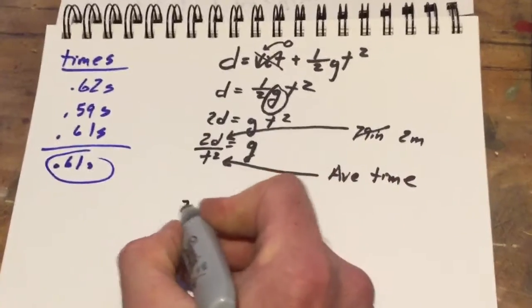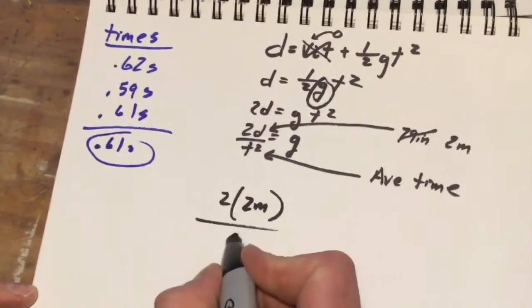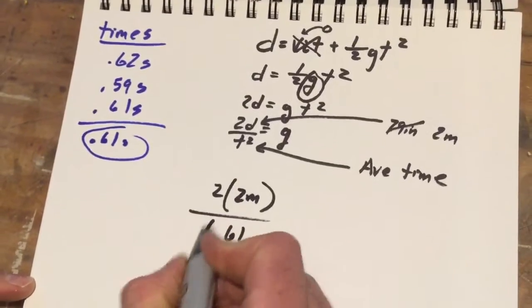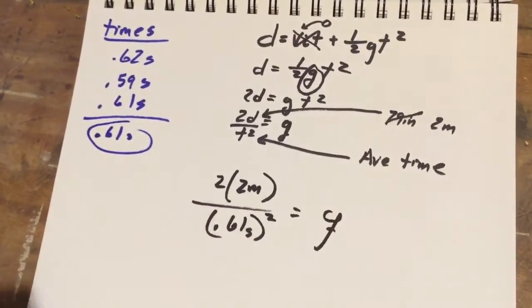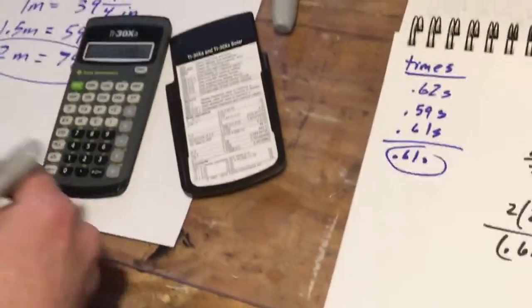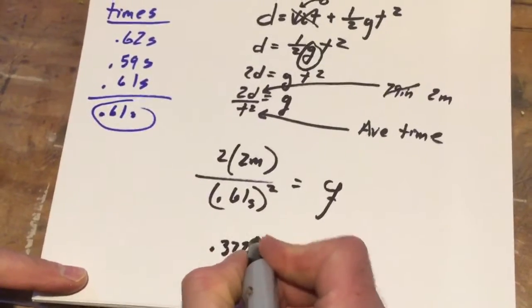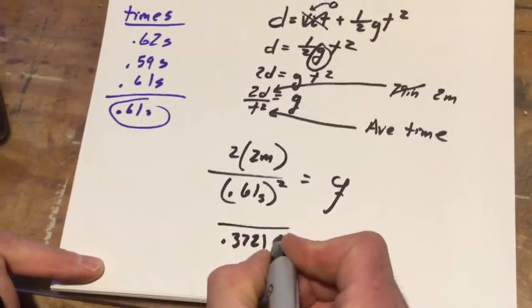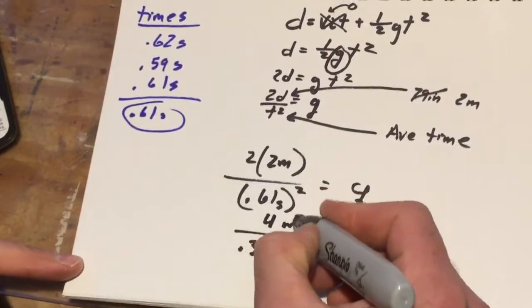So we got 2 times 2 meters, that's how high we dropped it from, over 0.61 seconds squared. So I'm going to do 0.61 squared. On the bottom I have 0.3721 seconds squared, and on top I got 4 meters.